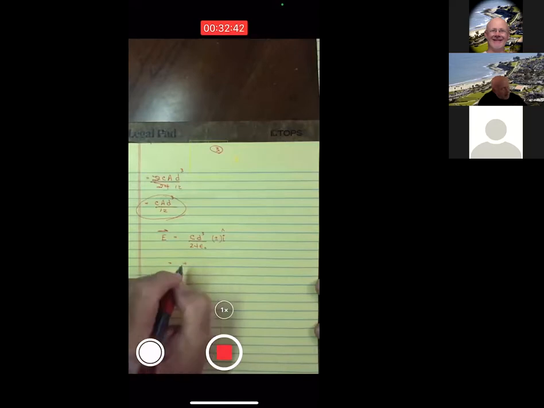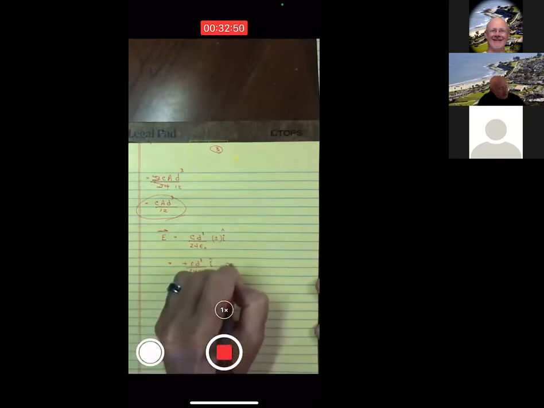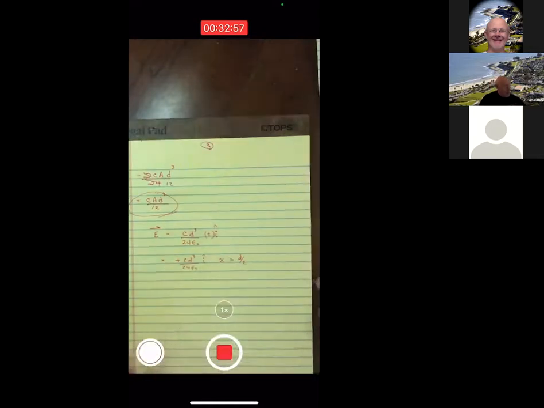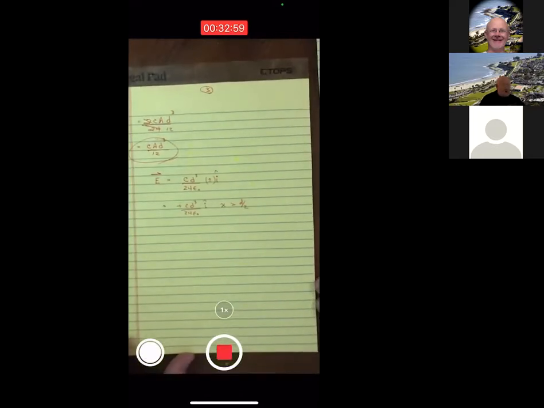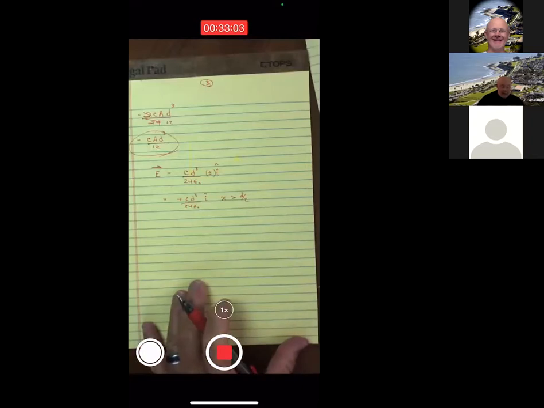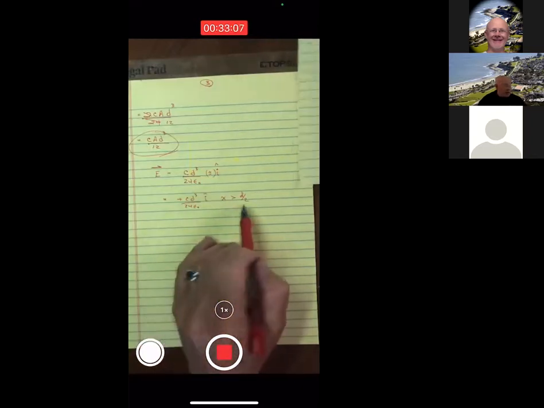It is a plus C D cubed over 24 epsilon naught in the i hat direction if x is greater than D over 2. So that means it would have to be on the positive side and it would have to be outside the slab. My calculation for the amount of charge would have changed if I was inside the slab.